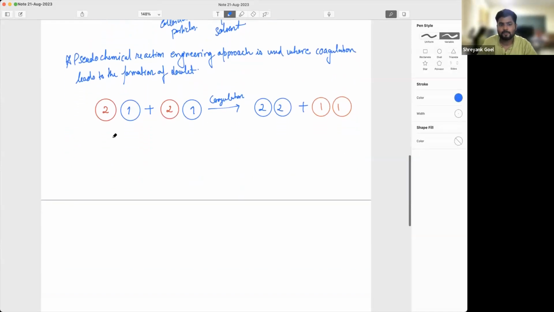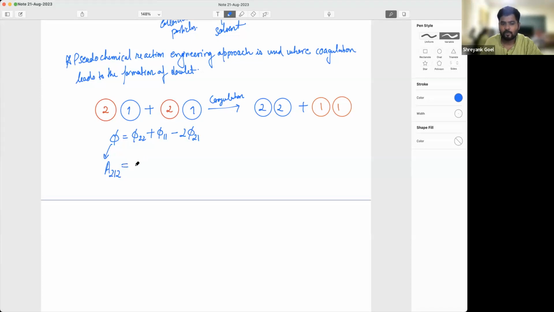So phi becomes phi 2,2 plus phi 1,1 minus twice phi 2,1. In terms of chemical potential, we can call it A212, where 2 is the type of colloidal particle interacting in the media of type 1.